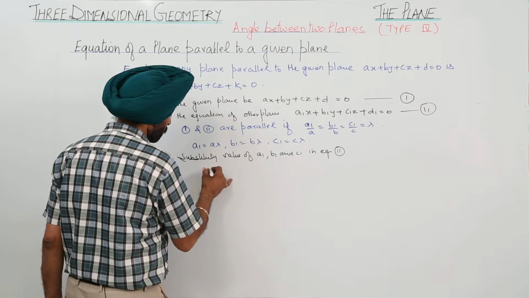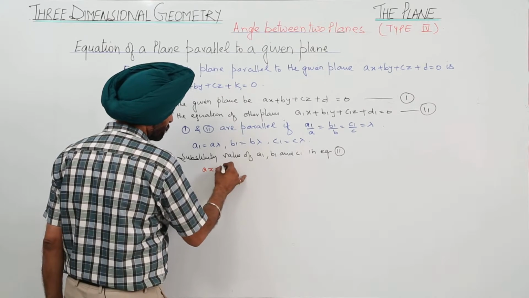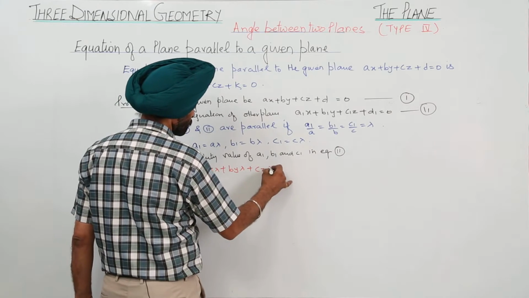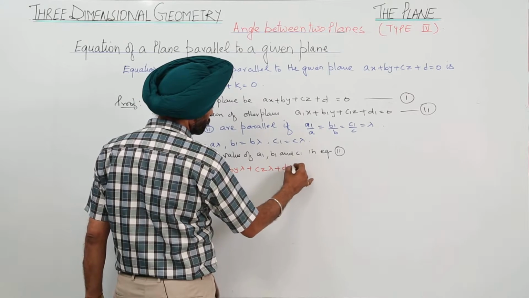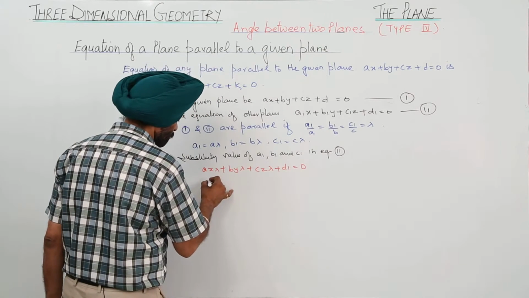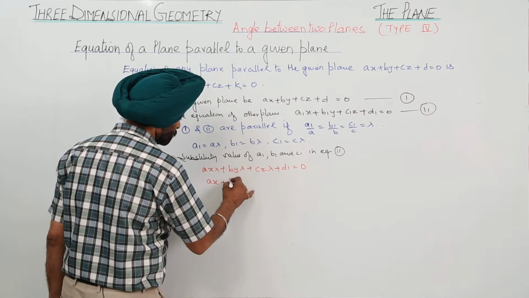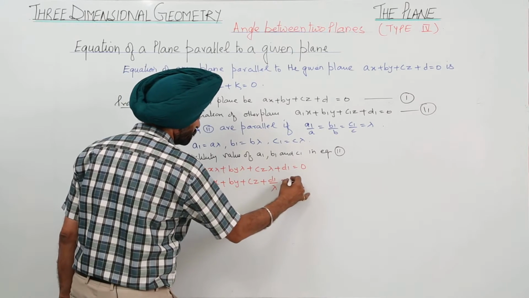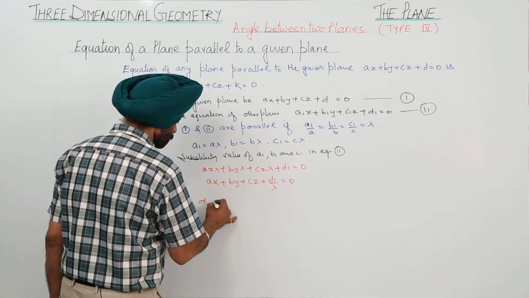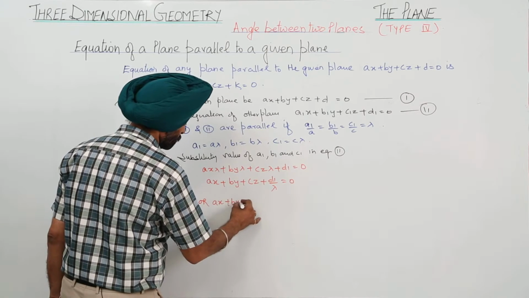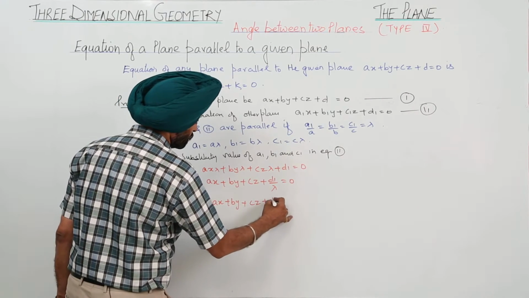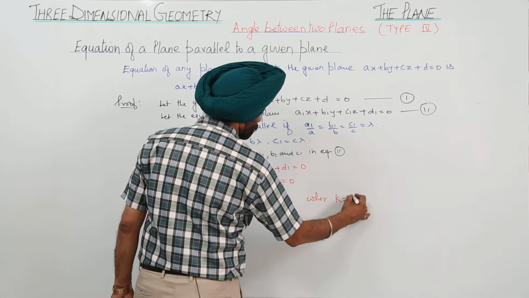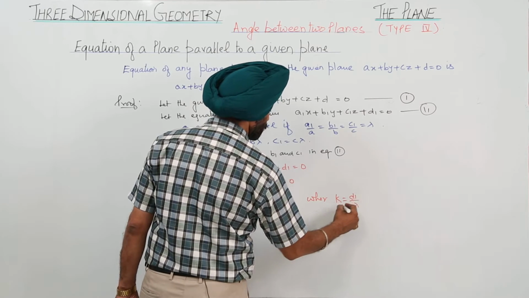So we have ax lambda plus by lambda plus cz lambda plus d1 is equal to 0, or ax plus by plus cz plus d1 upon lambda is equal to 0, or ax plus by plus cz plus k is equal to 0, where k is equal to d1 upon lambda.